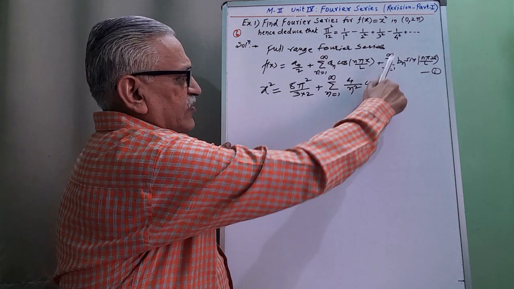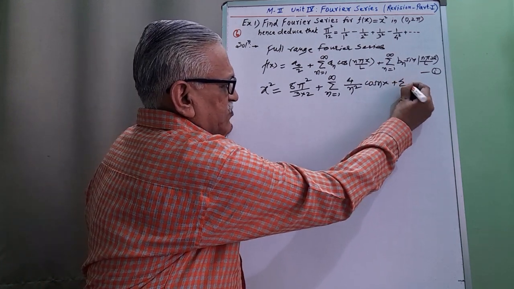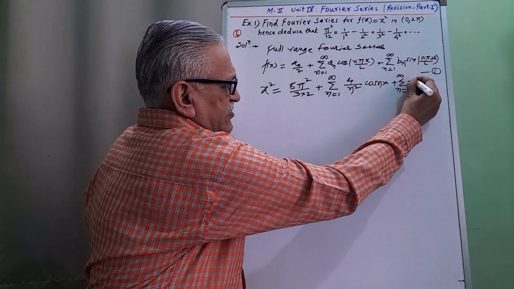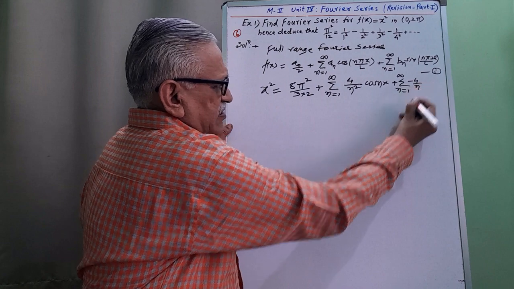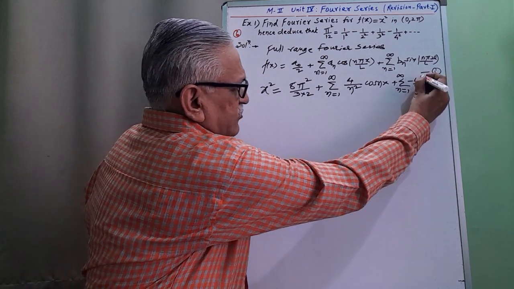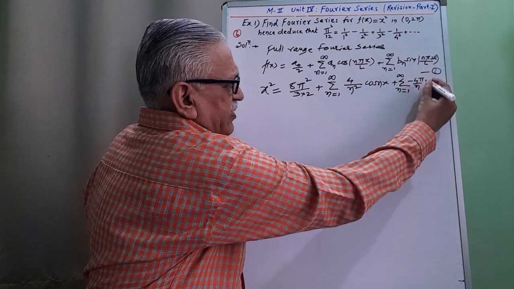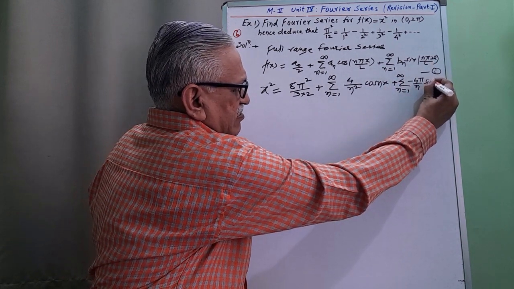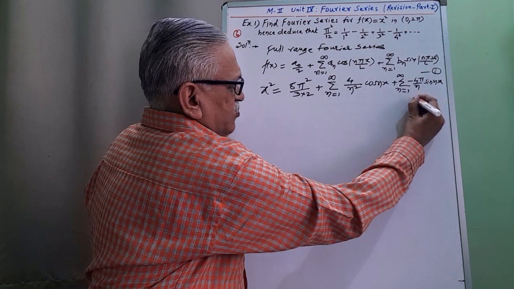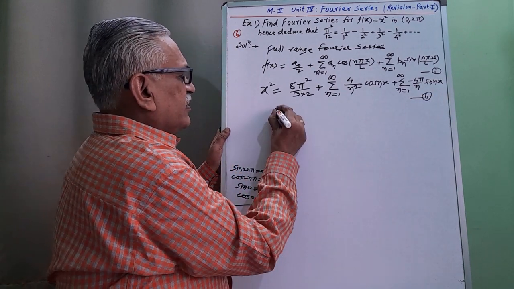And then bn, it is summation from n equal to 1 to infinity, the value of bn is minus 4 pi by n into sine of nx. Equation number 2. It is the required series.